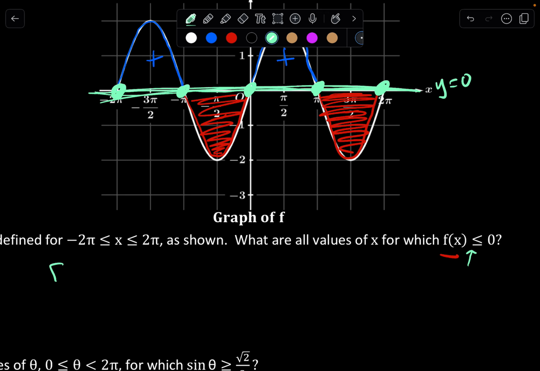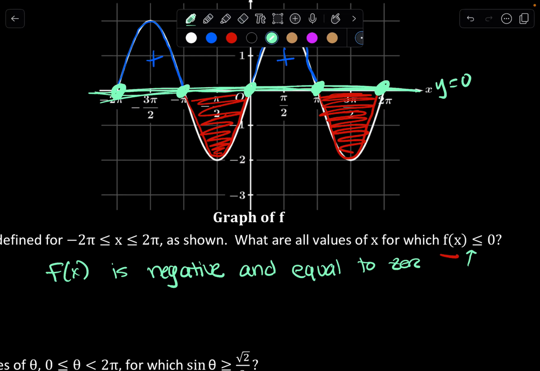So f of x is negative and equal to 0 on, it starts at negative pi, it's inclusive, and the input being used is x, and then it equals 0 again at 0, or also it picks up again from pi is less than or equal to x, which is less than or equal to 2 pi.